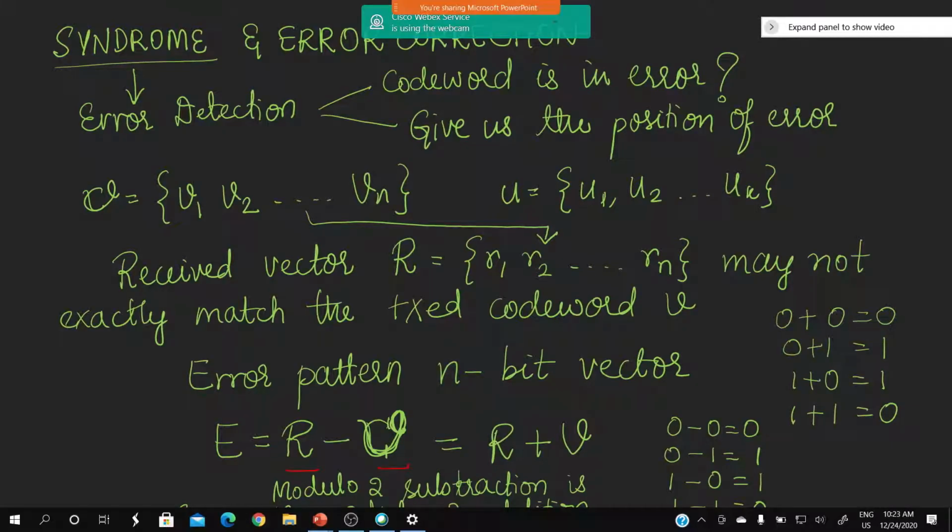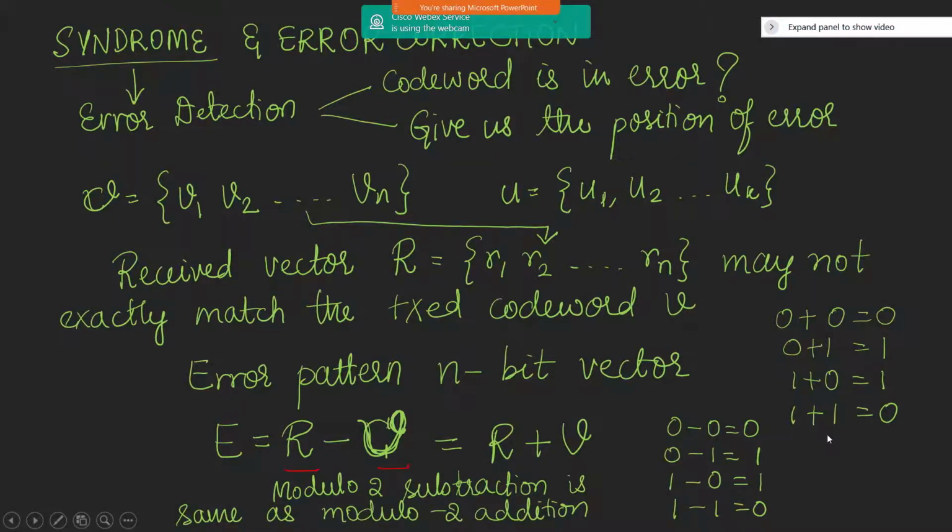The error pattern that we are trying to recognize is obtained from the received vector when it is compared with the code vector. But in the general case, at the receiver, we will not know the actual code word that is transmitted.